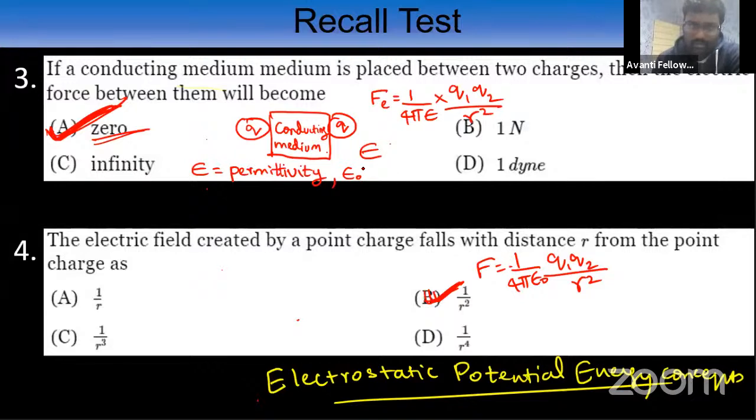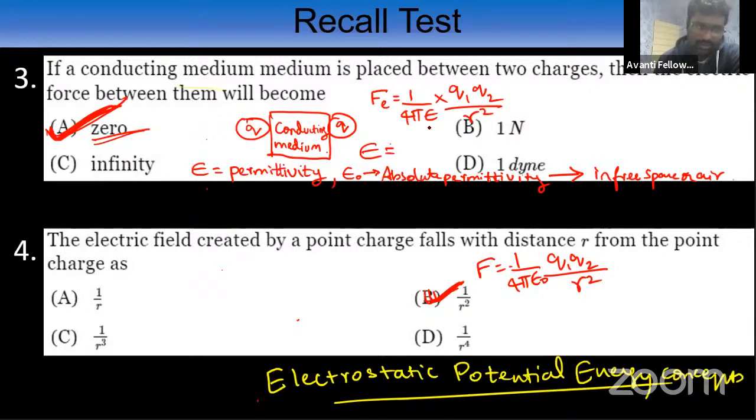What is epsilon naught first? Epsilon naught is absolute permittivity. It means it's the permittivity of an object in free space or air only.